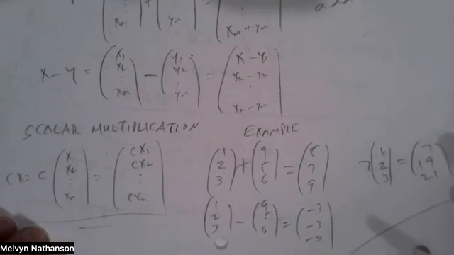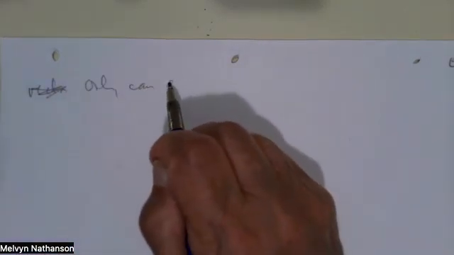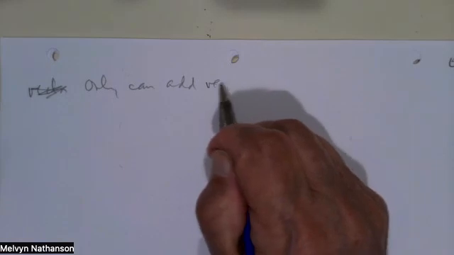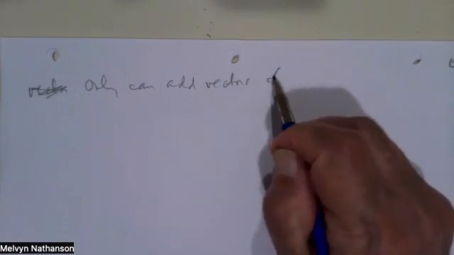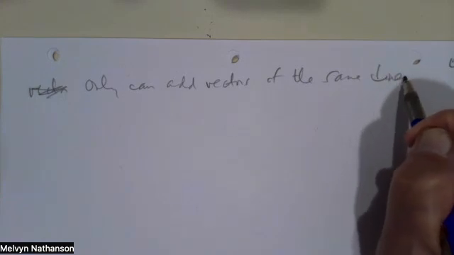And vector addition and scalar multiplication satisfy all the nice properties you expect in arithmetic. So for example, notice you can add and subtract vectors of the same dimension.